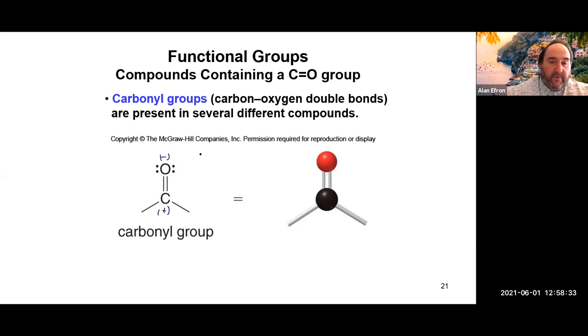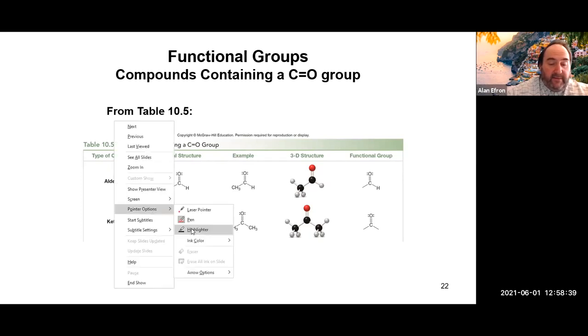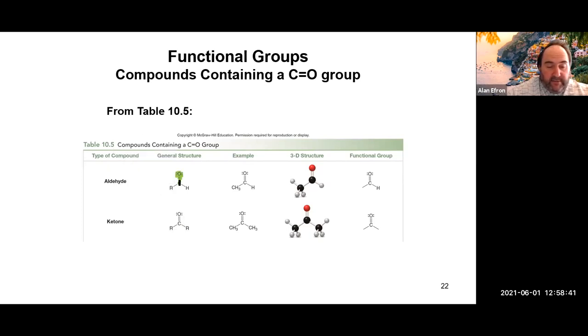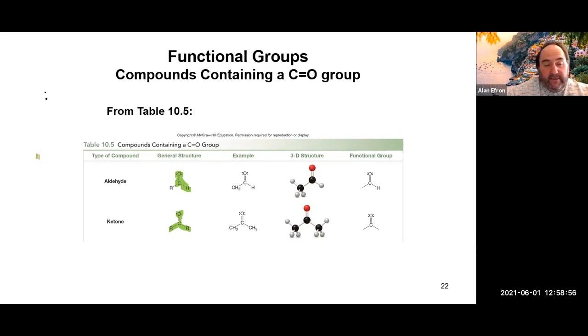So it's an important group, and there are a number of organic compounds that have that group as part of them, including our aldehyde, which has our carbonyl group here, but this whole thing right here with the hydrogen is the functional group for an aldehyde. A ketone is basically three carbons in a row with the double-bonded oxygen in the middle. And again, a ketone has that three-carbon run with the double bond happening in the middle.